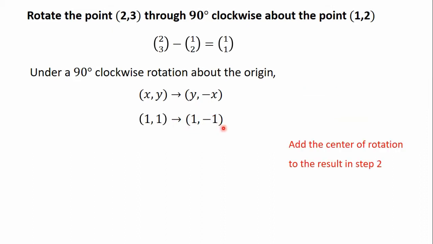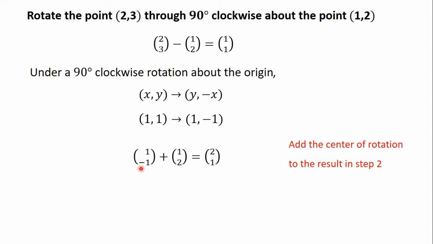Then the third step says that we should add the center of rotation to the result in step 2. The result in step 2 is (1, -1). The center of rotation is 1, 2. So we are going to add (1, -1) to (1, 2). To do that, I will express (1, -1) in vector form. Then I will express (1, 2) in vector form.